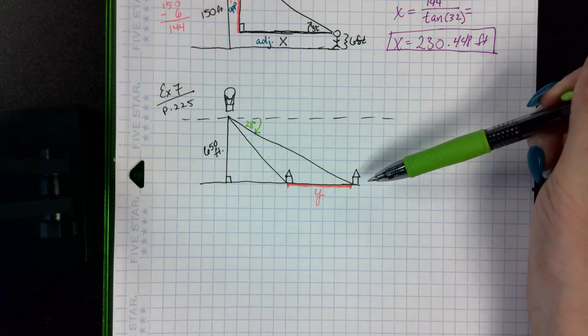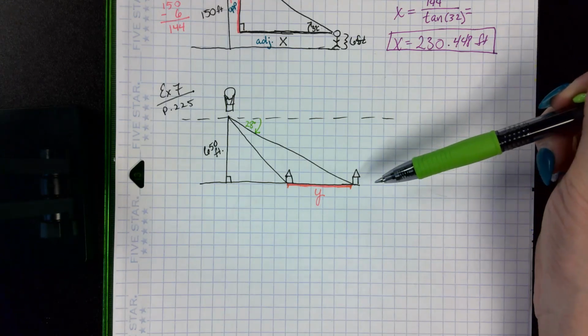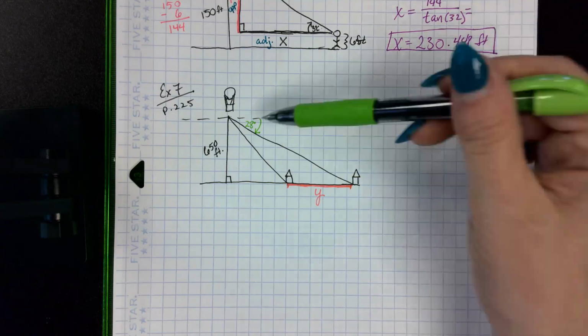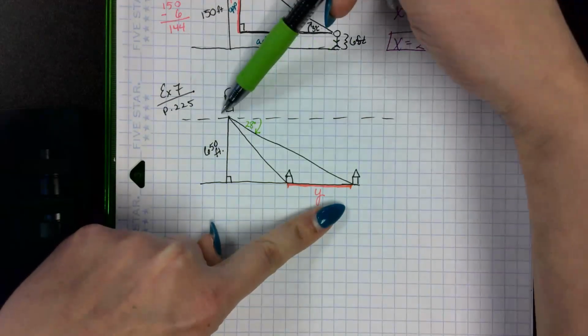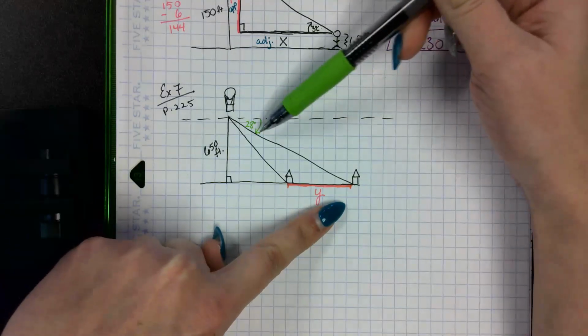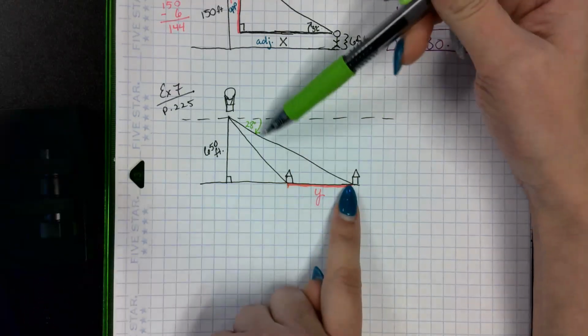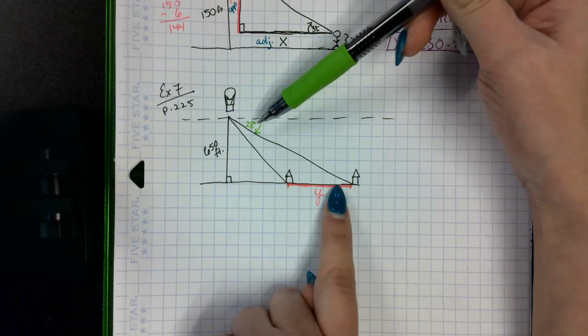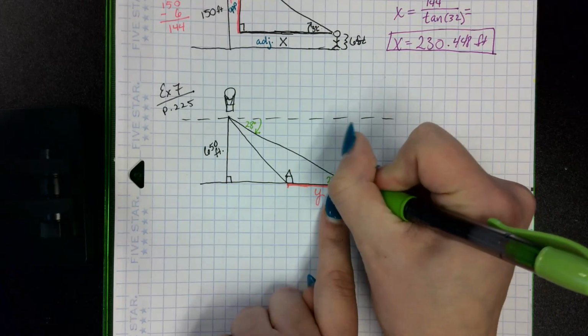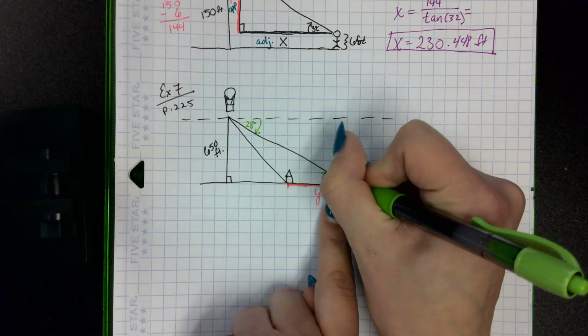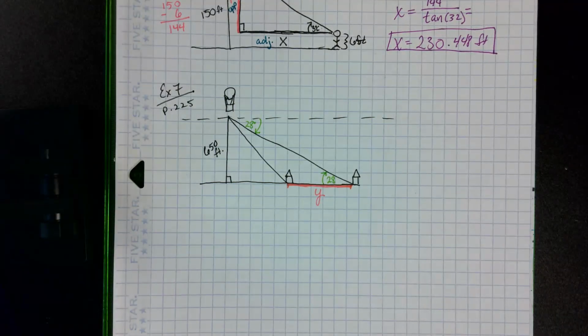That angle is not inside the triangle. So I'm going to use the property that alternate interior angles are congruent. I have parallel lines and a transversal cutting them. So on this transversal, I can alternate sides, and these two angles are congruent. So I can move it here. It has to be the same, 28 degrees.